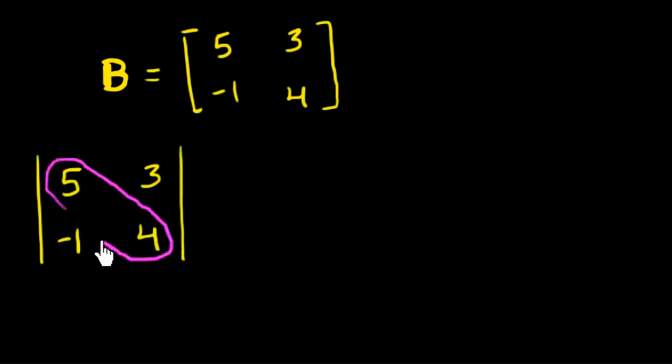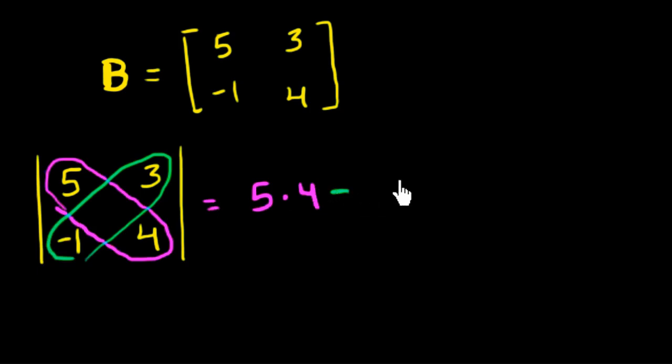So let me write that down. So it's going to be equal to 5 times 4 minus the product of this diagonal, minus the product of that diagonal. So minus 3 times -1.